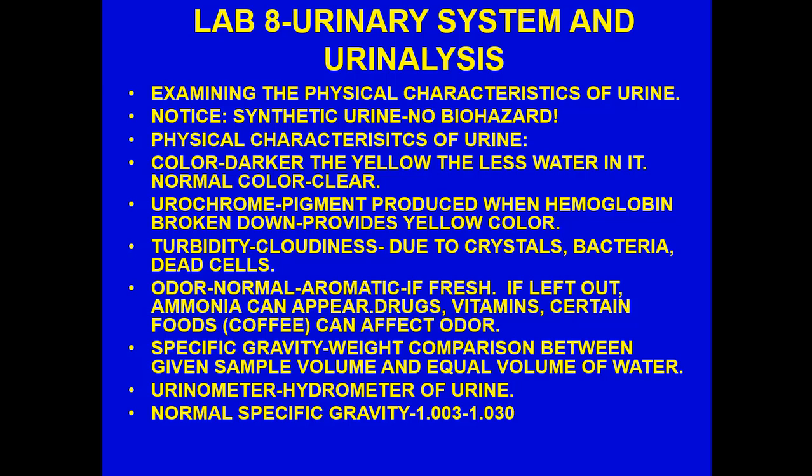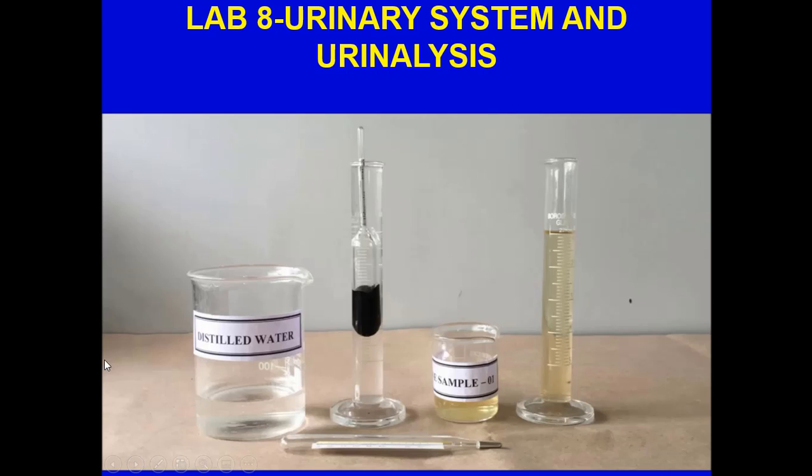Anything greater than that, you have indications of something not working properly with the kidneys. Here is the normal setup. With the urinometer, you have it first done with distilled water. Then you compare that measurement with the sample of urine.